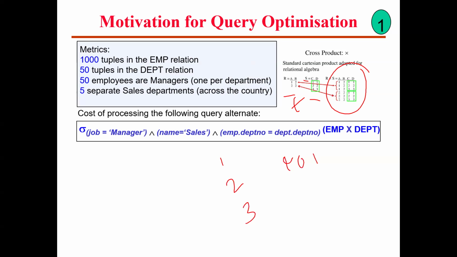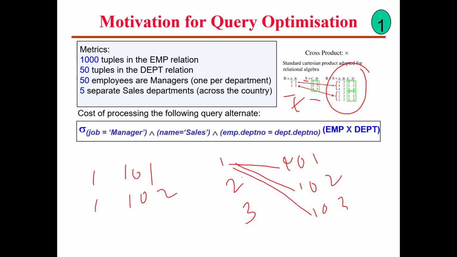And you have 101, 102, 103 in the second table, and the Cartesian product is made like this. So 1 with 101, then 1 with 102, and 1 with 103. Then 2 with 101, 2 with 102, and 2 with 103.